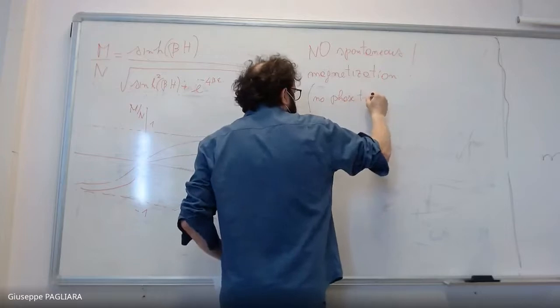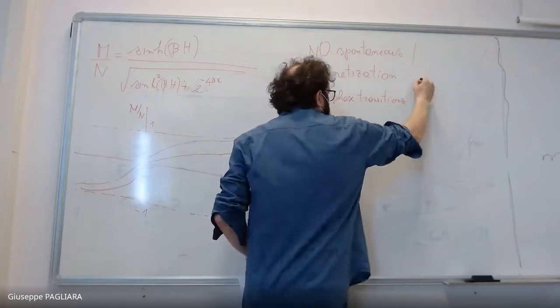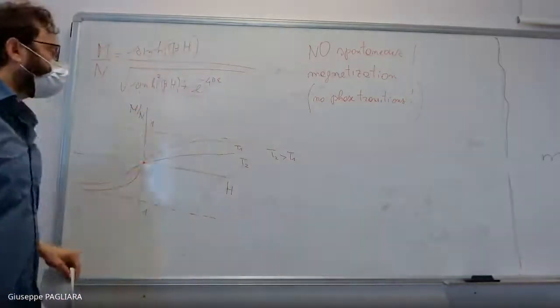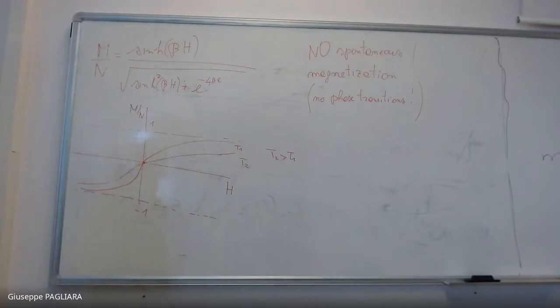No phase transition. And there is an argument that I will present at the end for explaining why in 1 dimension, at least, there is no phase transition in this case.